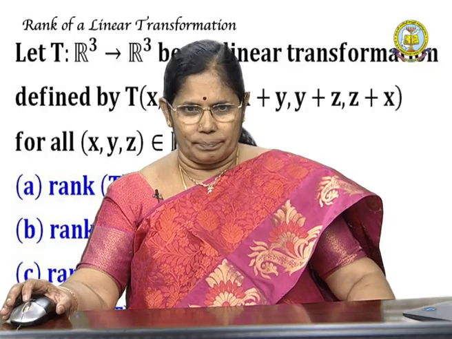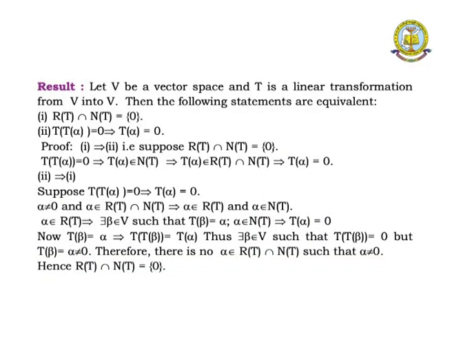And the next one: what are the consequences of defining this range of T and null space of T? Suppose V is a vector space and T is a linear transformation from V into V. Then the following statements are equivalent: the range of T intersection the null space of T, they do not have other common elements except 0, because both are vector subspaces, so they will have only one element in common.